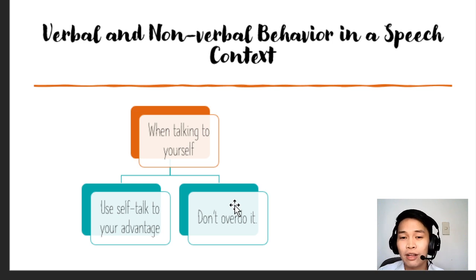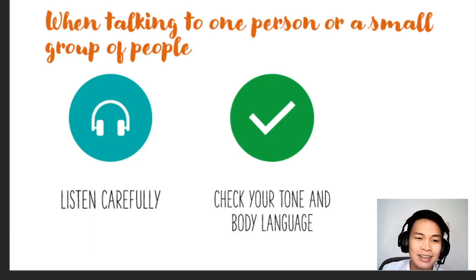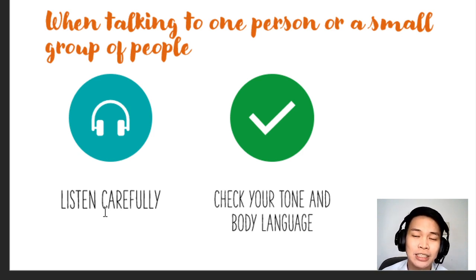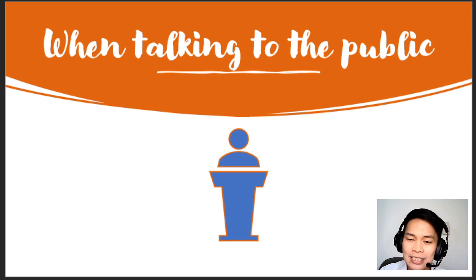So to solve that, of course, you have to be more sociable. Okay, this one, this is very basic. When talking to someone, you listen carefully, you listen to understand and not to respond. You check your tone and body language. I discussed this thoroughly in our previous lesson, lesson 4. And let's proceed.